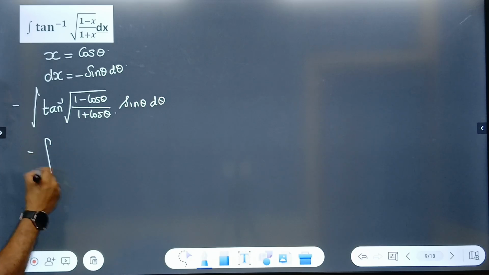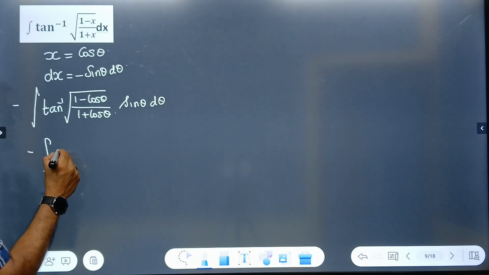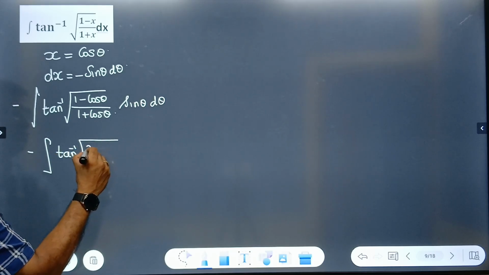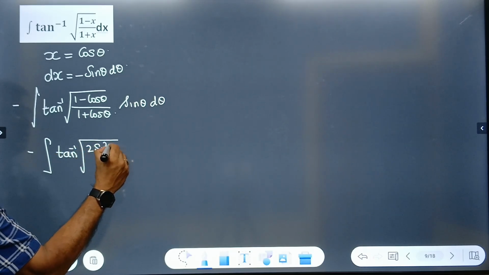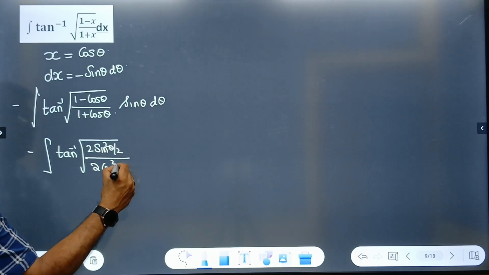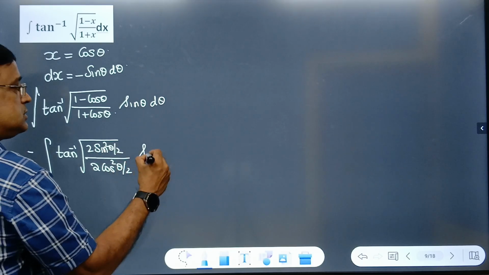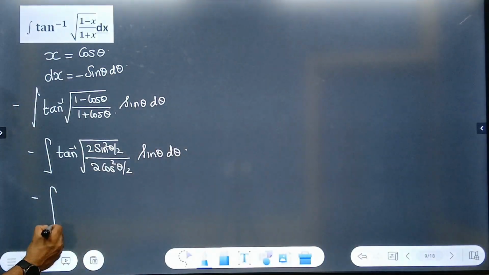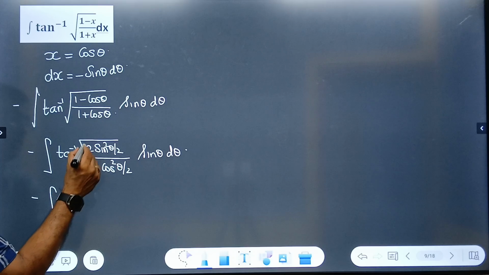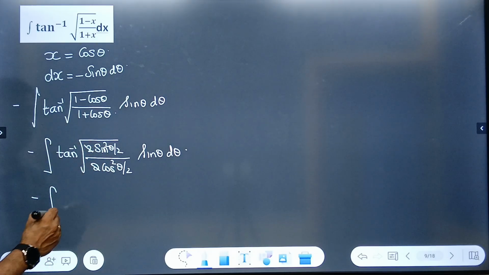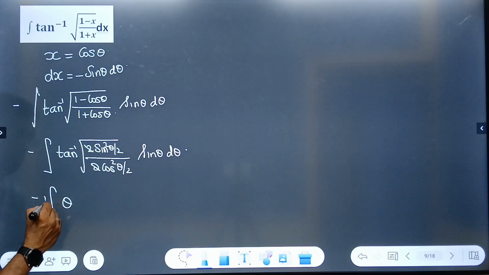So this will be tan inverse of, this is 2 sine square theta by 2 over 2 cos square theta by 2, into sine theta d theta, with the minus. This will cancel, this becomes tan theta by 2, tan inverse of tan theta by 2 will be theta by 2.